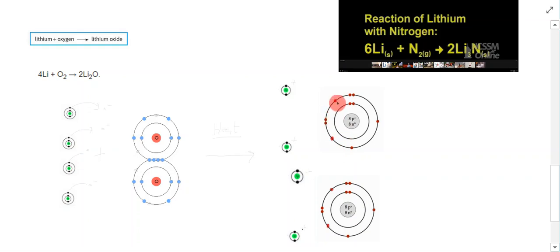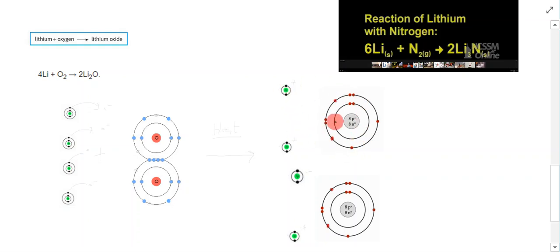Each atom of oxygen picks up 2 electrons, 1 from each of the lithium atoms. If we focus just on this one here, the oxygen atom has 8 protons in the middle, or 8 positive charges. It normally has 8 electrons, 2 in the inner shell and 6 in the outer shell.